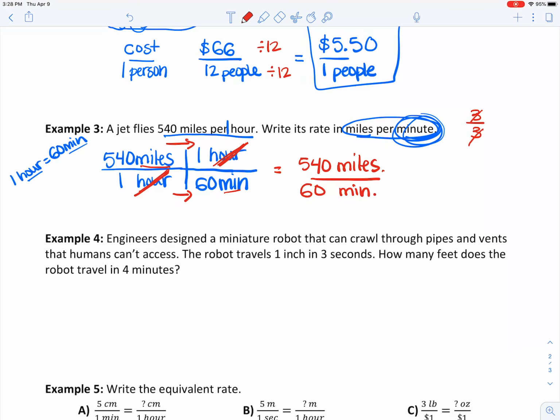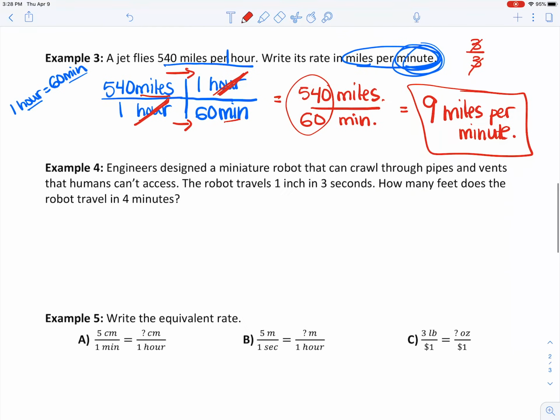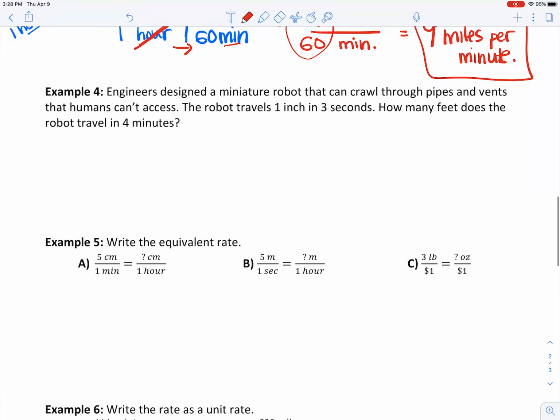So now I do have miles per minute in my answer. I do need to simplify 540 over 60. If I divide on a calculator 540 divided by 60, I get 9. So my final answer is 9 miles per minute. And now I have answered the question, miles per minute.